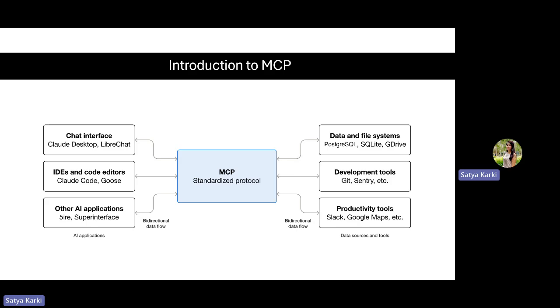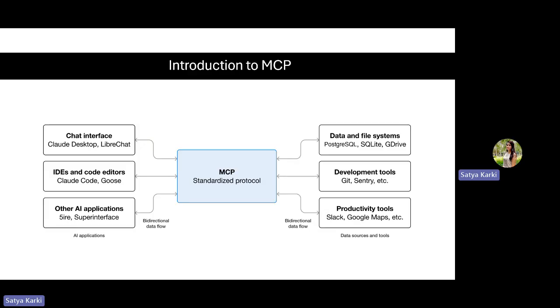And this communication, as you can see in the diagram, is a bi-directional flow, meaning MCP fetches data from the backends, and MCP can execute and update data on the backend side. So from the AI applications, we can retrieve the data, and also we can insert data into the backend through the MCP server.